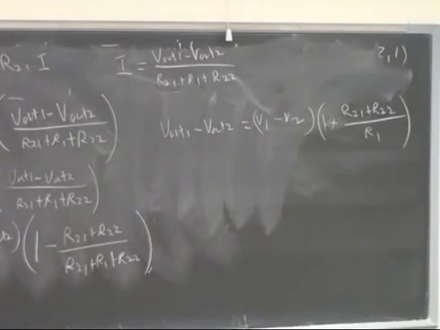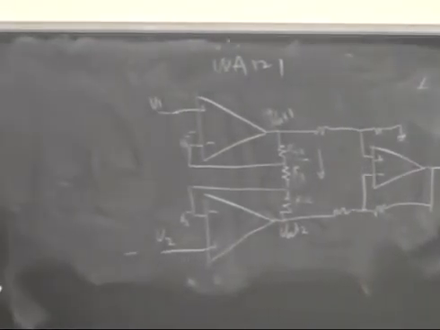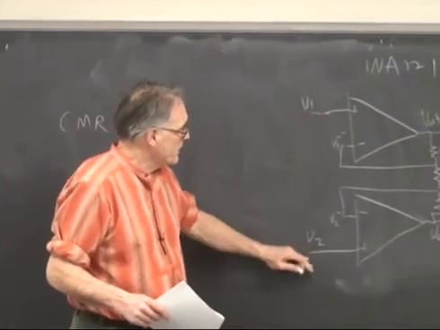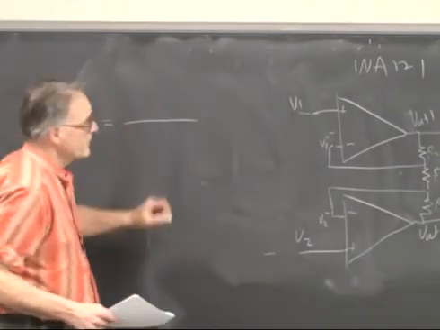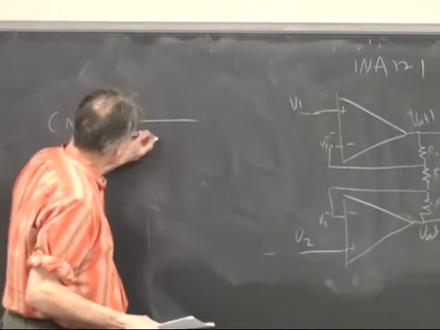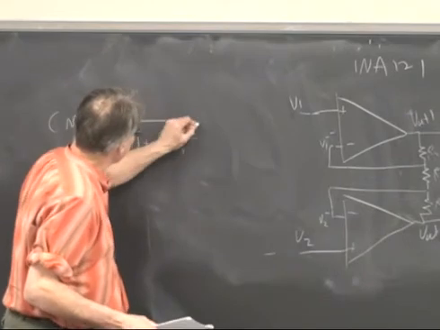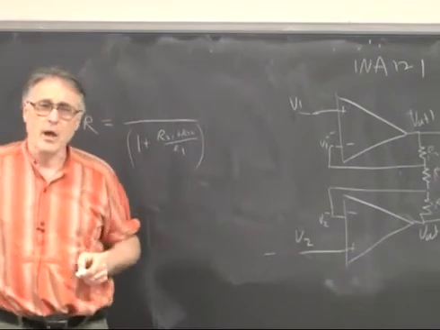So then we can directly write the common mode rejection ratio. Well, we need the output for a voltage which is the same on both inputs, and then an output which is different on the two inputs. We know that the gain here, if the two voltages are different, is 1 plus (R21 plus R22) over R1. The question is then, what is the gain if both these voltages are the same?